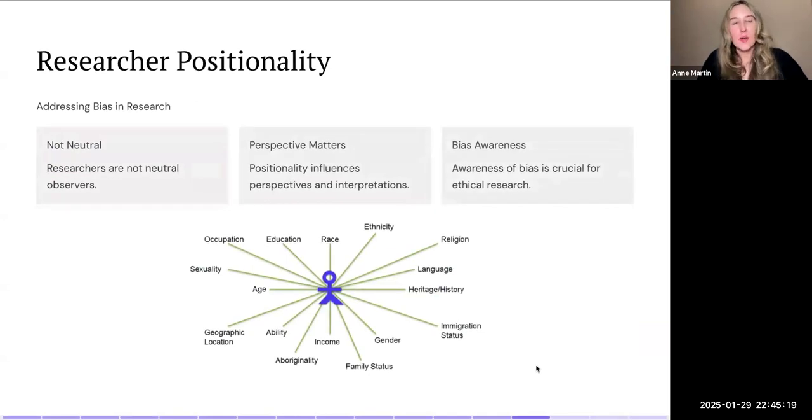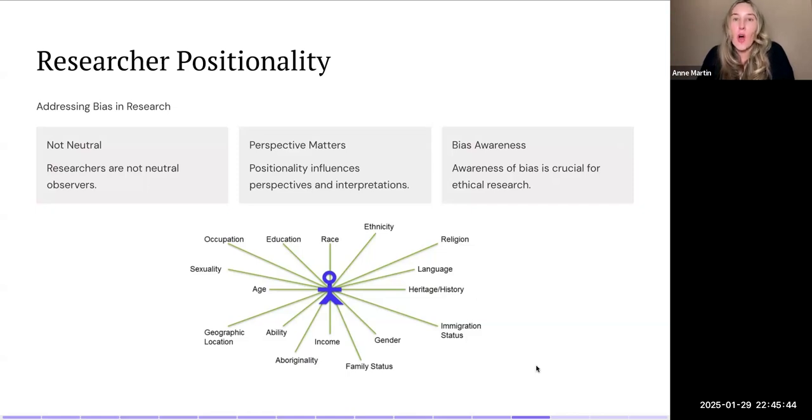So another concept when it comes to ethics in research, and this is something that's come up in the comments already in this course, is researcher bias and what researchers can do to address bias in research to make sure that it's not causing harm, because bias can certainly cause harm. And so one concept that I want to talk about is researcher positionality.